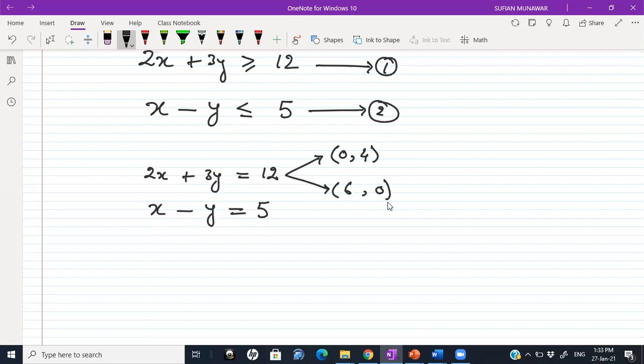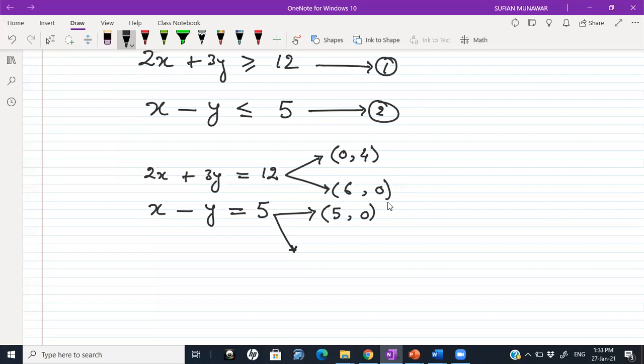Now, if we take 2 points from the second one, if you put x = 0, y will be -5. So let me put y = 0 and x is 5.